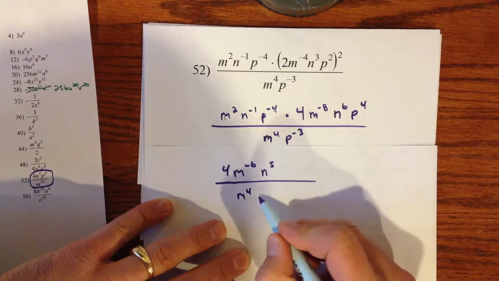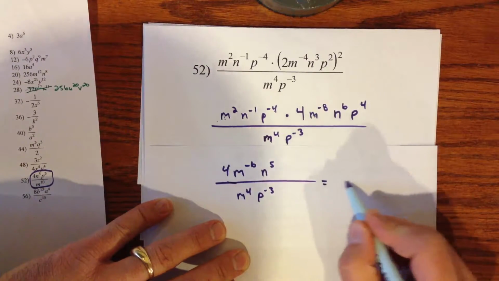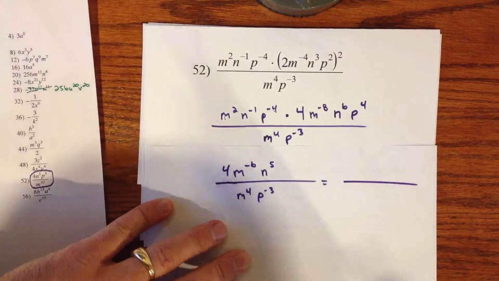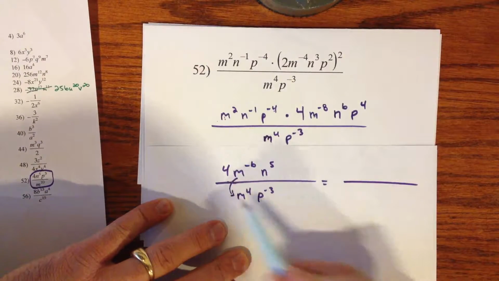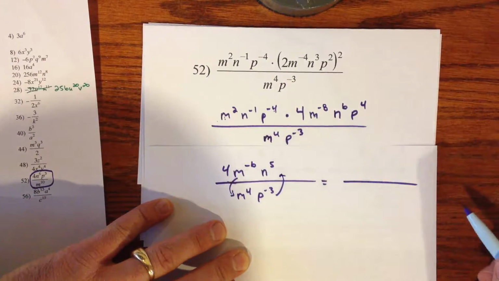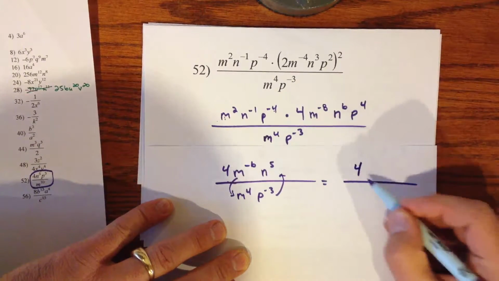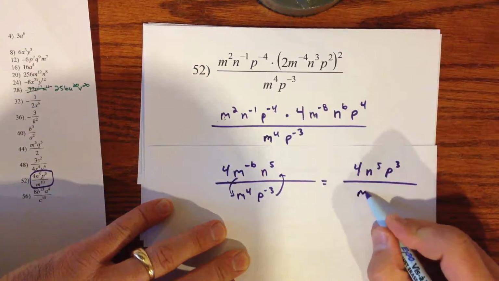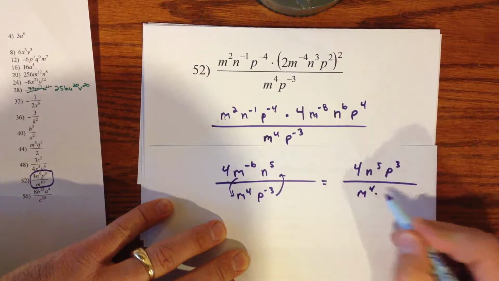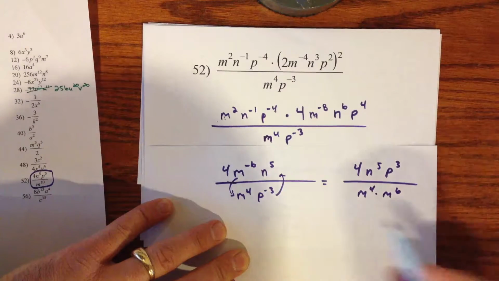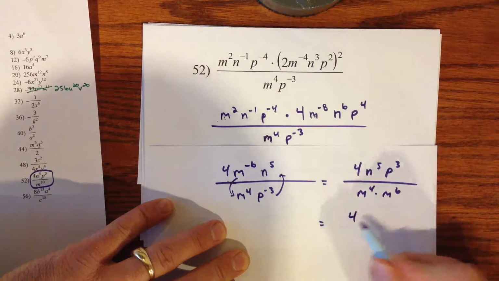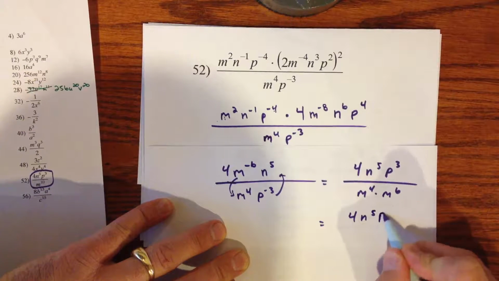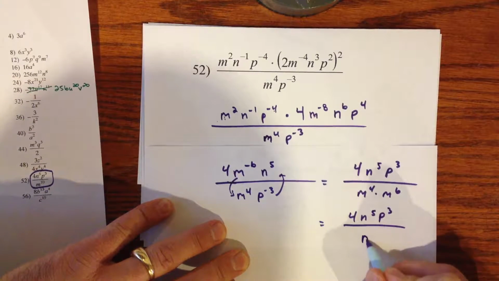Now I have m to the 4th, p to the negative 3rd. And now this has to move down and that has to move up. So I have 4, n to the 5th, p to the 3rd, m to the 4th times m to the 6th, and in the end I get 4, n to the 5th, p to the 3rd over m to the 10th.